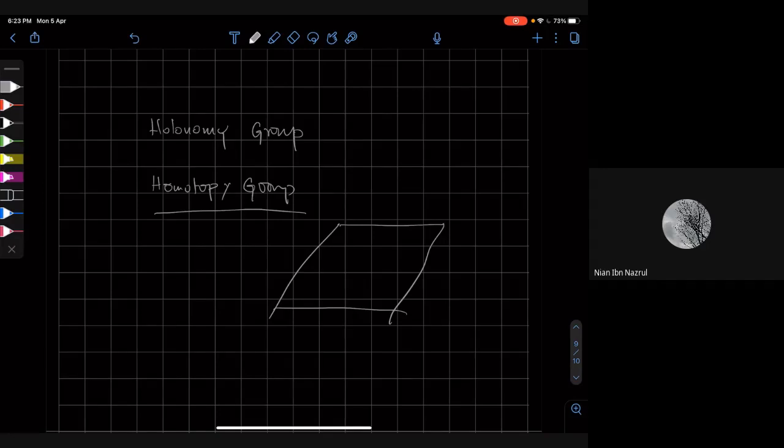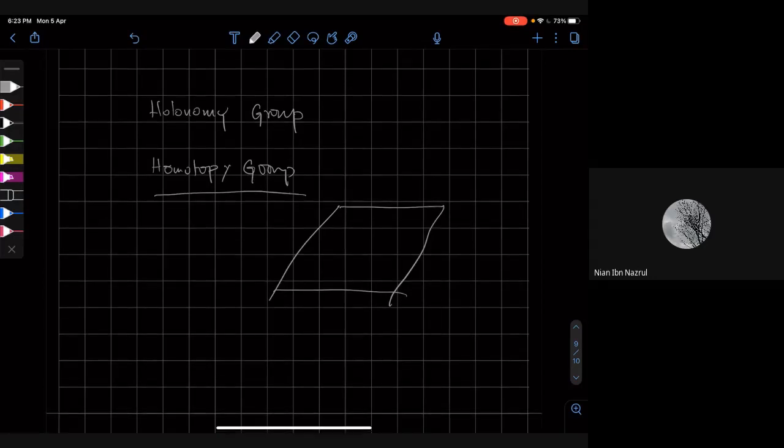So let me just give you a very short explanation, because it goes outside the scope of this lecture. Homotopic group is, suppose you have a space which has a hole in it. Okay. So this space can be given some kind of a group structure. There are two types of elements, two types of loops in this space: loops which can be shrunk into a point, and loops that cannot be shrunk into a point.